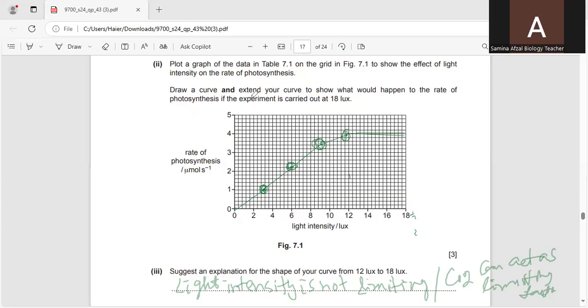So it means now more temperature or more light intensity is not required for this process. So at this moment, we can say that the light intensity is not a limiting factor, whereas the carbon dioxide can act as a limiting factor, because the light intensity is maximum, whereas we can say that the carbon dioxide can act as limiting factor at this stage.